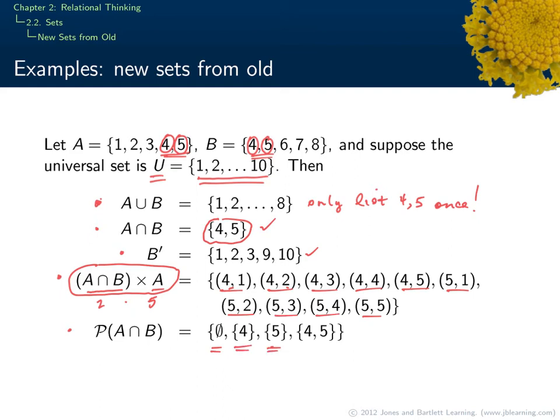Now remember, you might be wondering, why are we putting these braces around the 4 and around the 5? Here we are regarding those singletons as not being merely elements of A intersect B, but rather as being sets themselves, right? So that's why the braces are there. And then we can't forget the set A intersect B itself as being a subset. So there we have the power set.